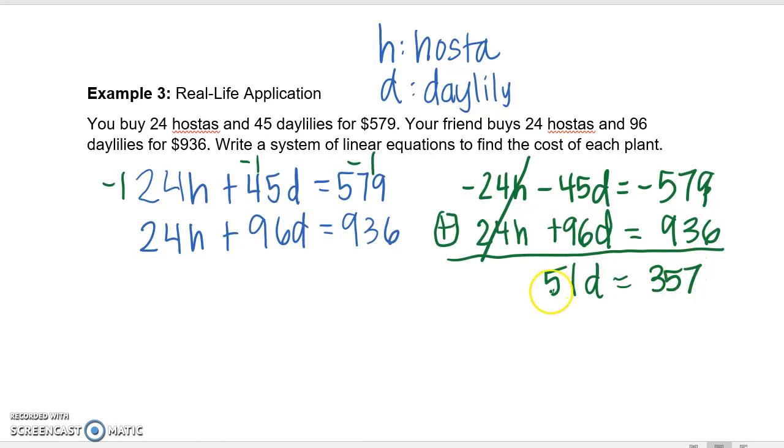Now I'm just solving a one-step equation, so I divide both sides by 51. So I get 7 daylilies. Now I need to plug that 7 into one of the two equations.